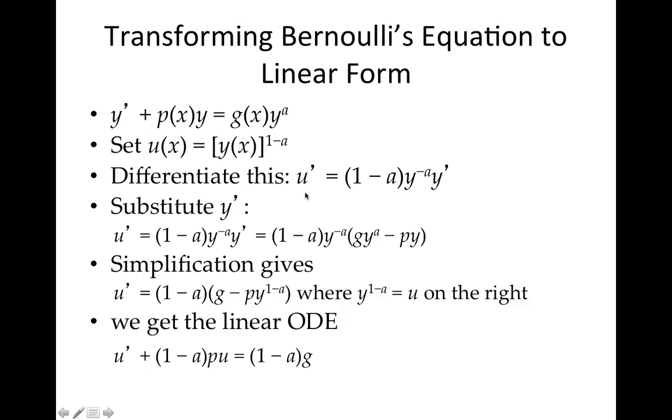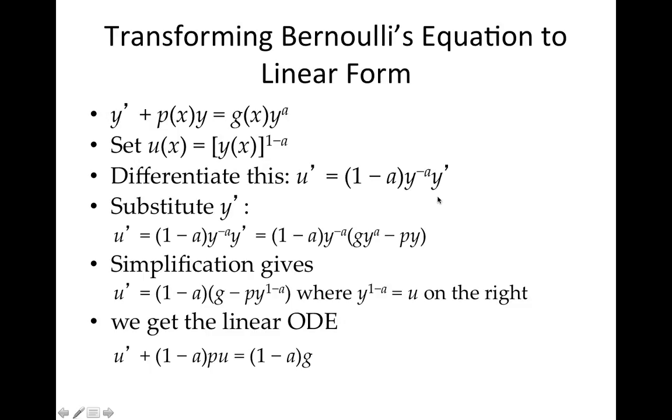Now, if we take the derivative of this, then using the exponent rule, we'll bring down the 1 minus a power. Y will then be raised to the power of 1 minus a minus 1, which is just minus a. And then we take the differential of y, so we'll have a y prime. So this is the derivative u prime.